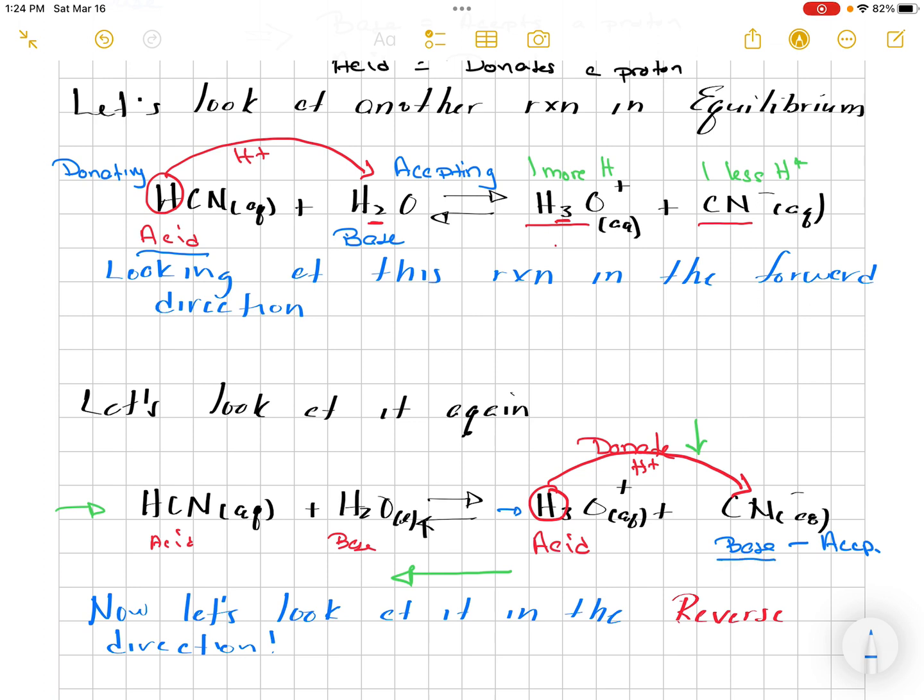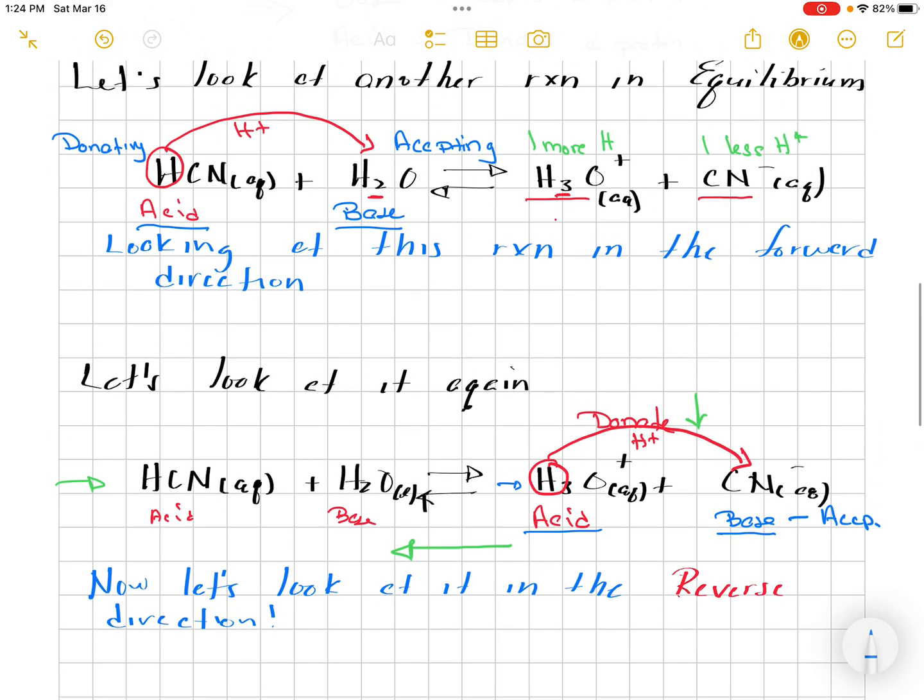The water, which was initially the base up here, is now acting as an acid and donating this hydrogen here. So when you have a reaction in equilibrium that works in both directions, your initial acid and your initial base are going to swap roles to do the same reaction, but in reverse.